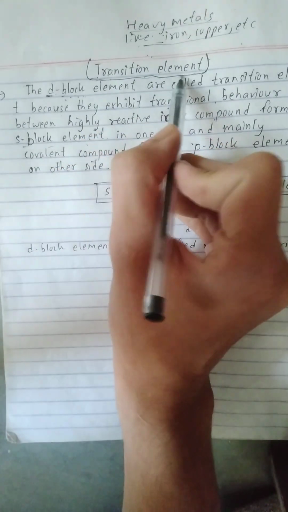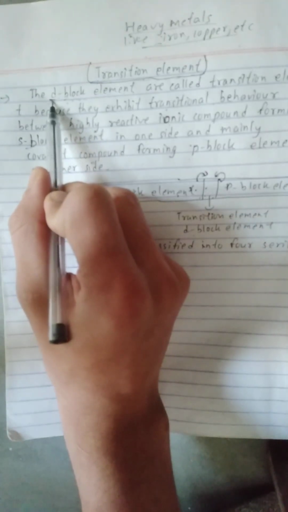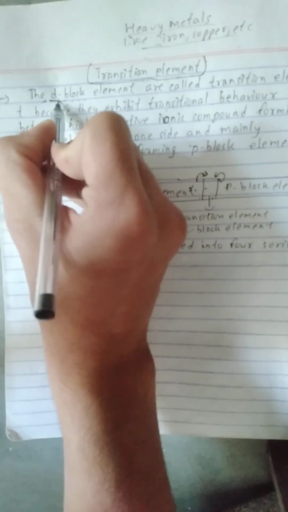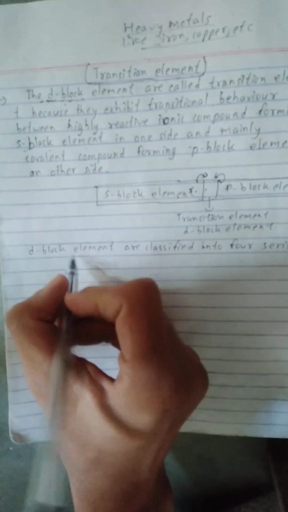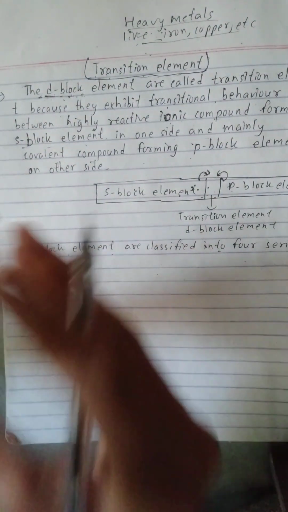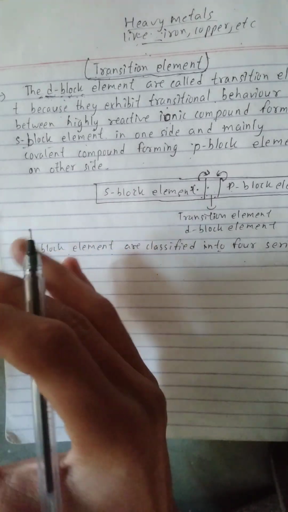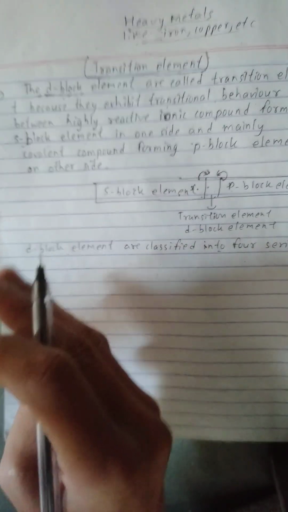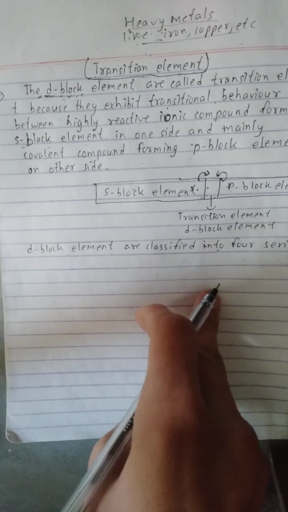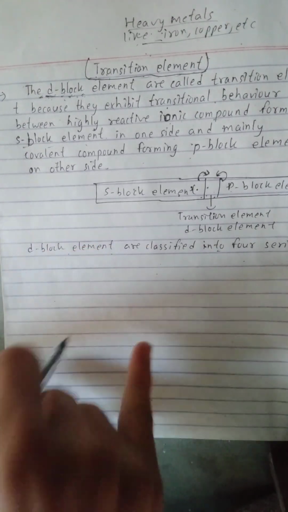In this way, the transition elements are also divided into D block elements. Likewise, the periodic table is classified into different groups such as metal, non-metal, and active metal, non-active metals, and many more.